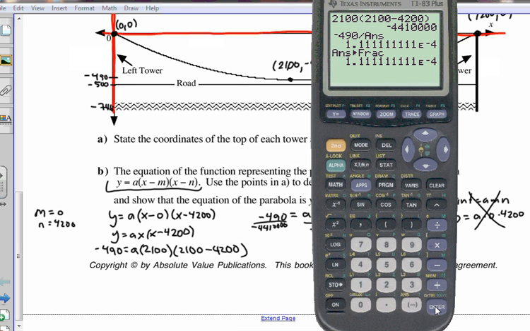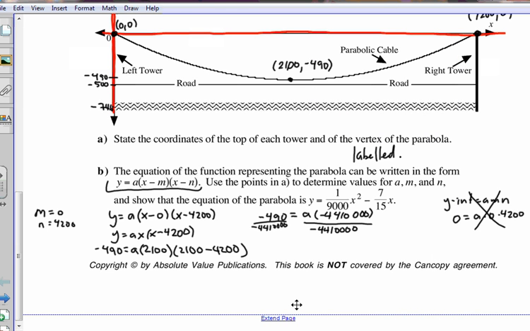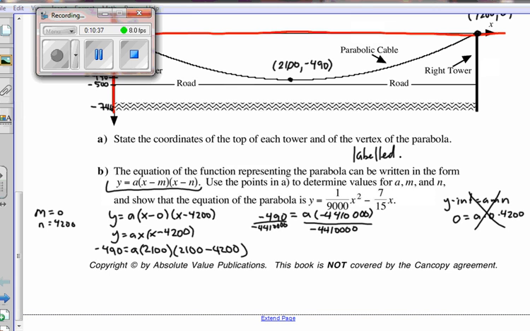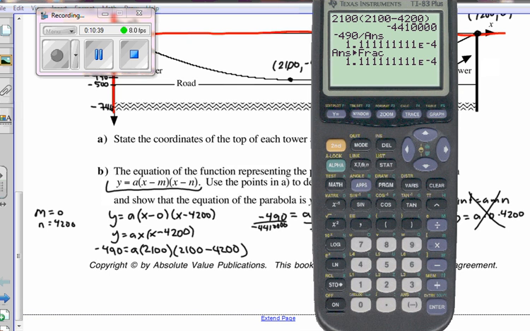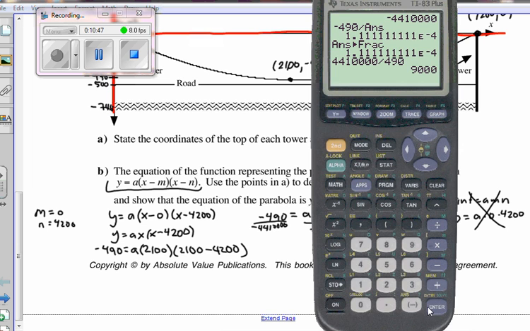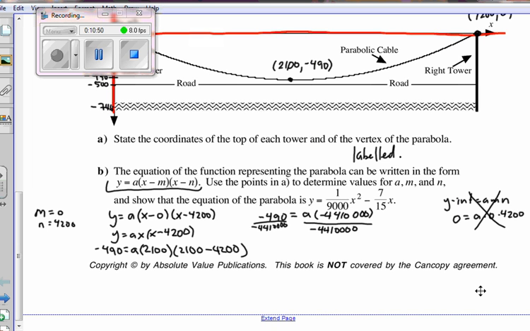Uh-oh, we have to reduce it ourselves. Darn. Okay, let's do this the easy way. Does 490 go into 4 million? Yeah. 4,410,000 divided by 490 goes in 9,000 times. So this can actually reduce to 1 over 9,000.